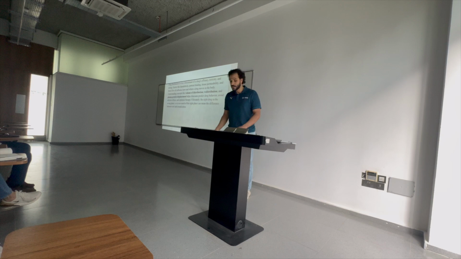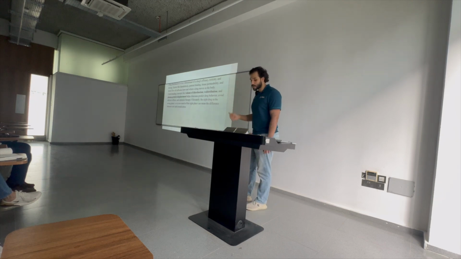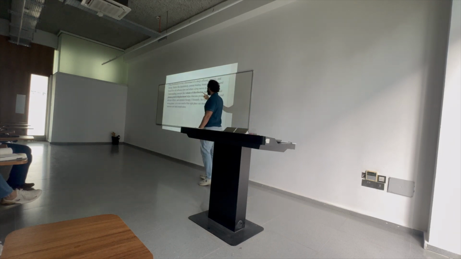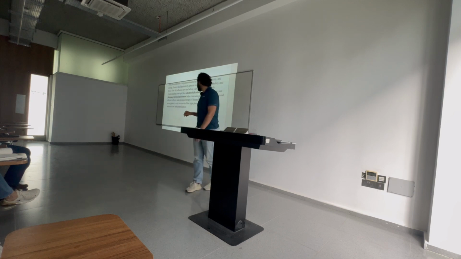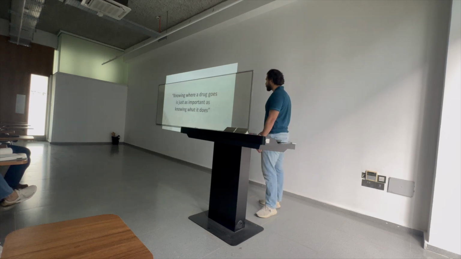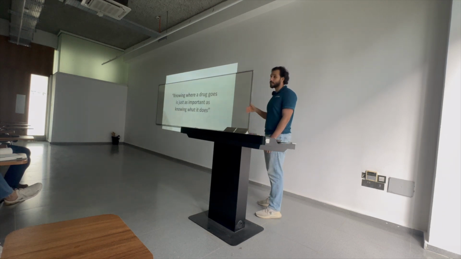Understanding concepts like volume of distribution, redistribution, and plasma protein displacement helps clinicians predict drug behavior, avoid adverse effects, and optimize therapy. Ultimately, the right drug in the wrong place, or in too much of the right place, can mean the difference between cure and complications. Lastly, knowing where the drug goes is just as important as knowing what it does.